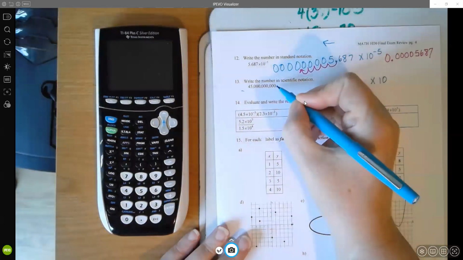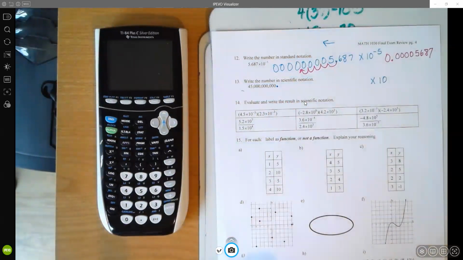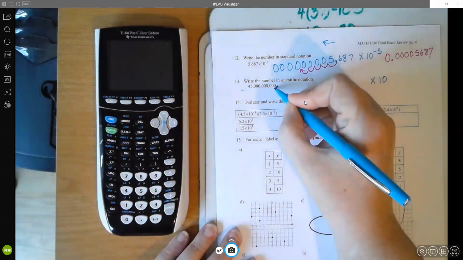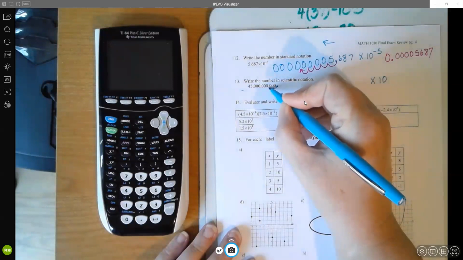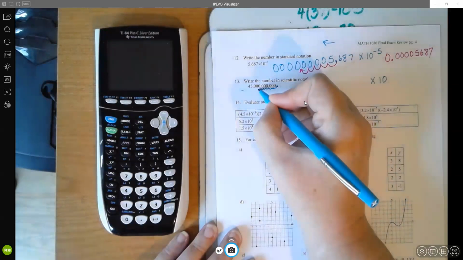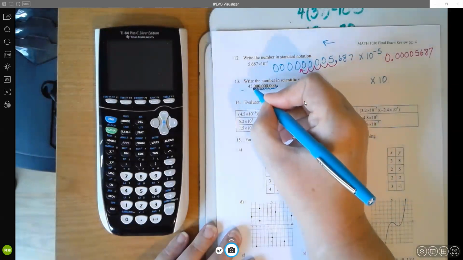So if it's at the end, how many places do I need to move it so that the decimal has 1 digit left in the front? Well, that means I need to move it 1, 2, 3, 4, 5, 6, 7, 8, 9, 10 places.